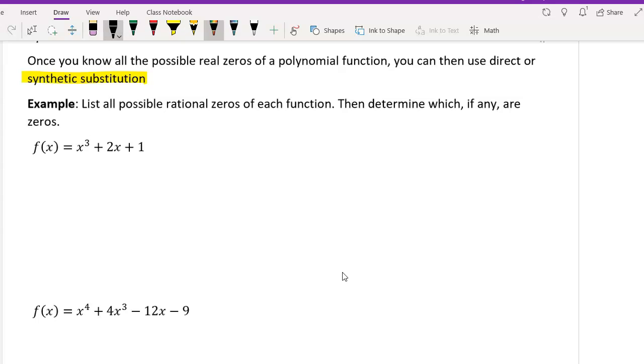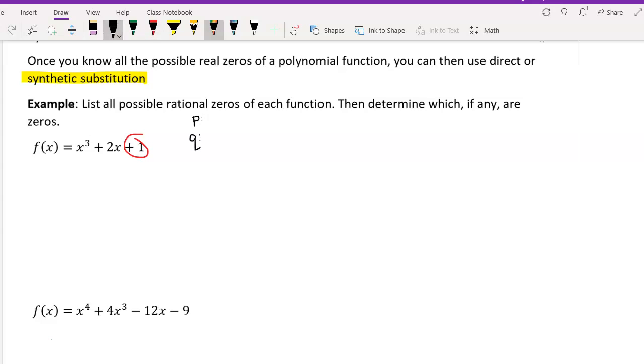So we're going to actually look at this first example, and we're going to start off pretty easy. It says, list all possible rational zeros of each function, then determine which, if any, are zeros. So we need to first determine what our P is and what our Q is. Remember, P is that constant value. It is that term that does not have a variable. So P in this case is 1.